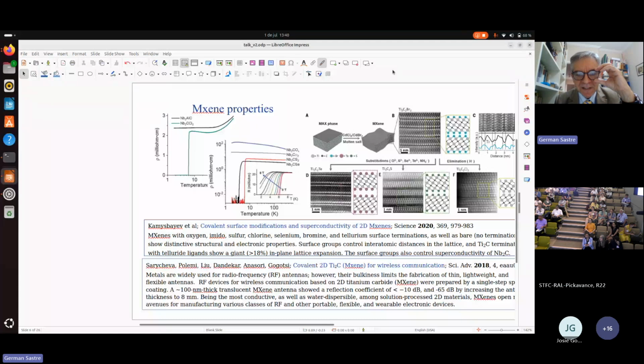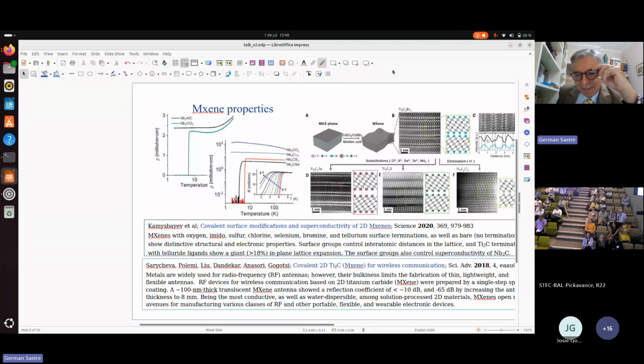But if we have a look at the second graph, one of the compositions contains this square, which means no termination. This could be the bare MXene, and therefore this is the case in which metals of different layers are in contact. And this is an important case where no superconductivity is observed.